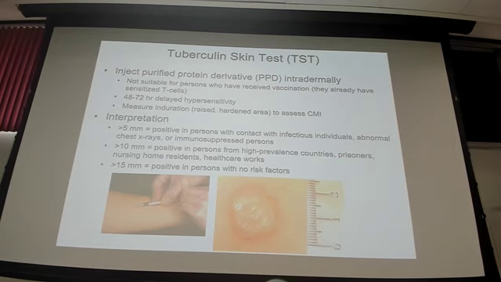Oh, that's with the next category. Or if you're dealing with somebody who is on an immunosuppressant drug or something like that. Those are considered pretty high risk factors. So when you interpret the size of that induration, all you would need is an induration over 5 millimeters, and that would be a positive interpretation for that skin test.